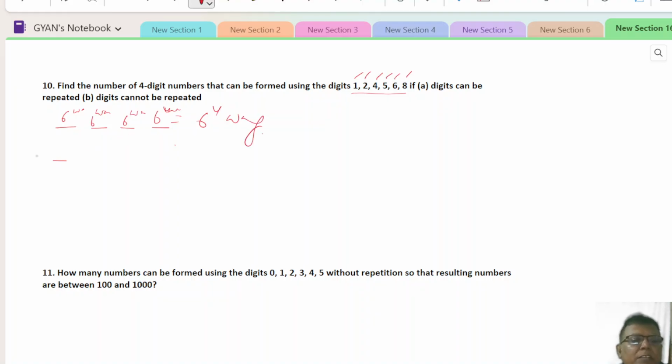If digits cannot be repeated, that means here 6 ways, here 5 ways, here 4 ways, here 3 ways.